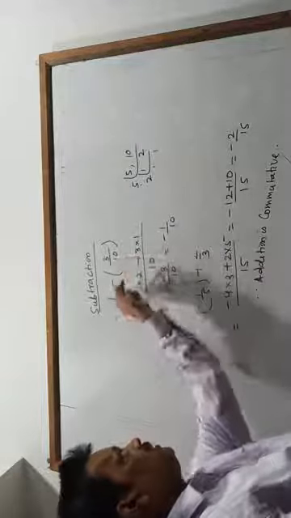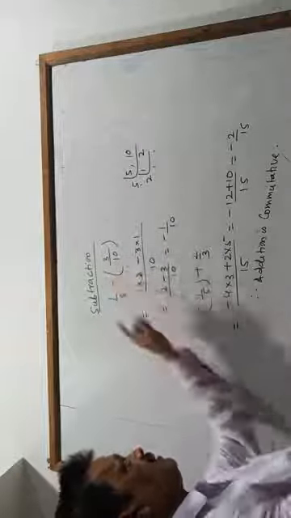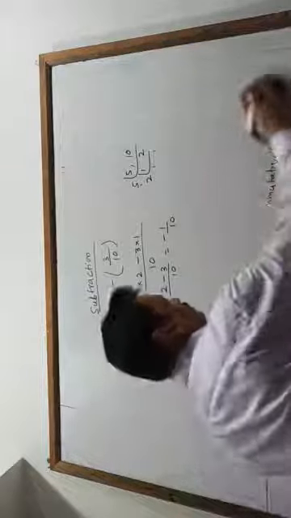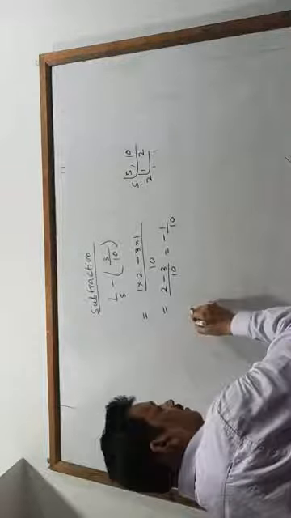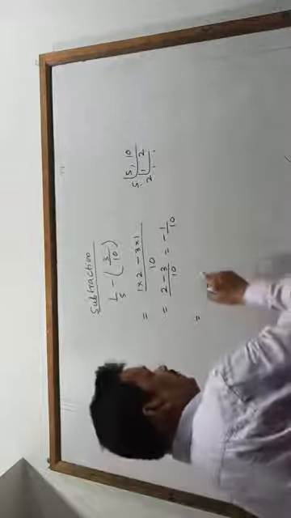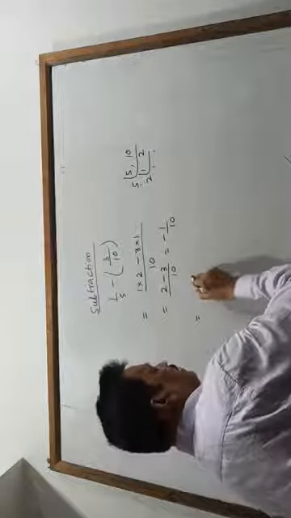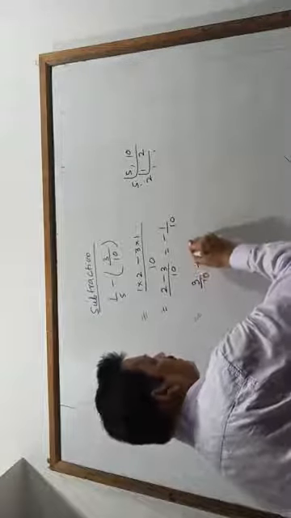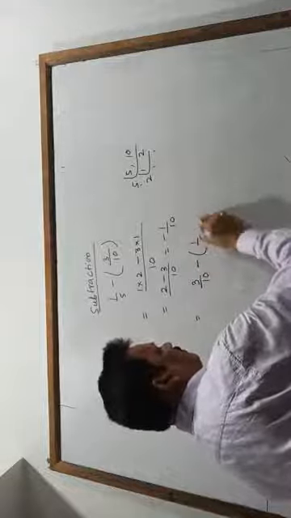Okay, do the reverse. This minus this. That will be 3 by 10 minus 1 by 5.